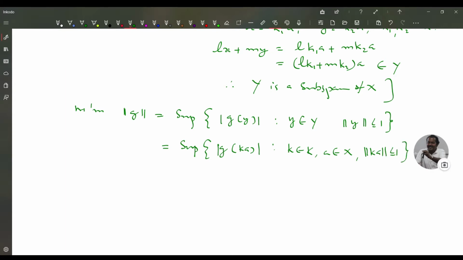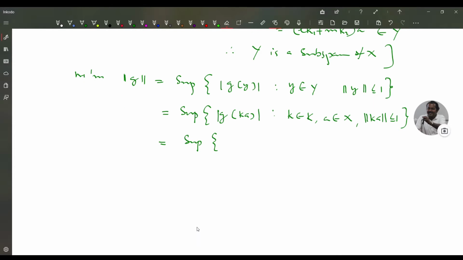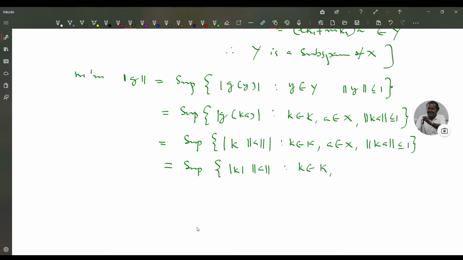We have g of k a is k times norm a, so this is the supremum of modulus of k into norm a such that k belongs to K and modulus of k into norm a is less than or equal to 1. So this is 1. Therefore norm g equals 1.